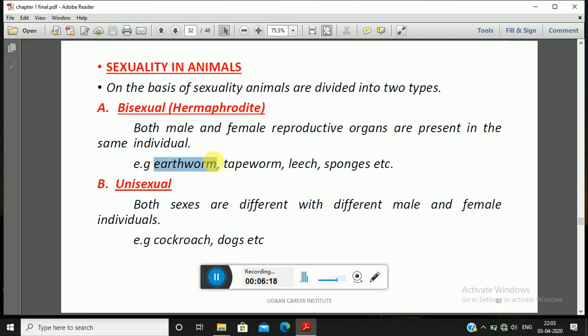Examples are earthworm, tapeworm, leech, sponges. Whereas unisexual animals are those in which the sexes are different, with separate male and female individuals. Examples: male cockroach and female cockroach, as well as dogs, where both sexes are different.